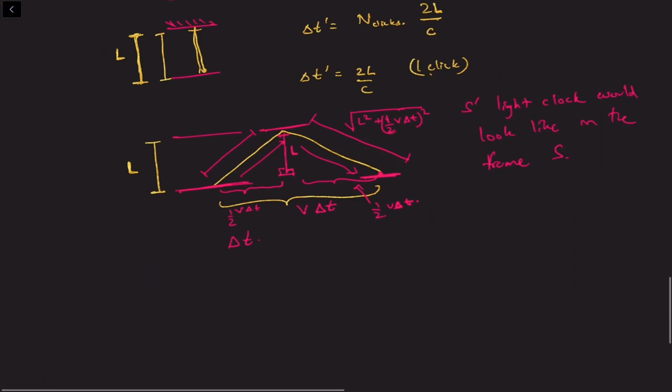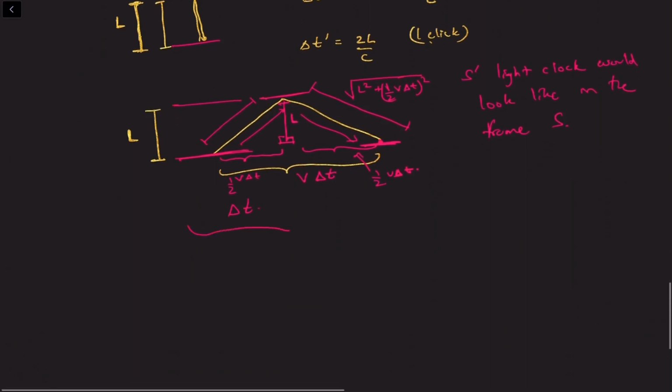So therefore, the observer on the ground concludes that the light signal that the observers on the train sent actually traveled a distance.